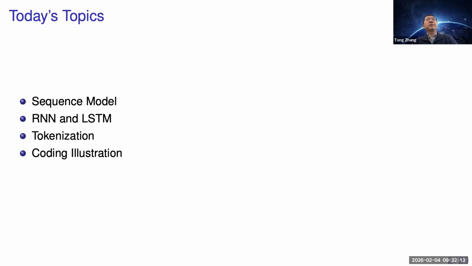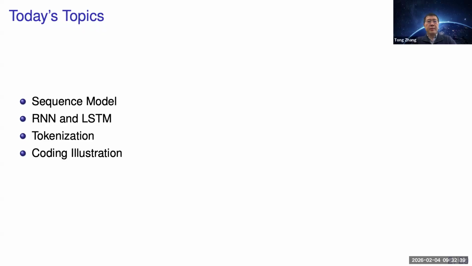RNN, LSTM, so that's the standard, especially LSTM. That's the sequence model preferred before transformer, later replaced by transformer. Tokenization, that's something we need when we deal with text, and we will briefly talk about that.